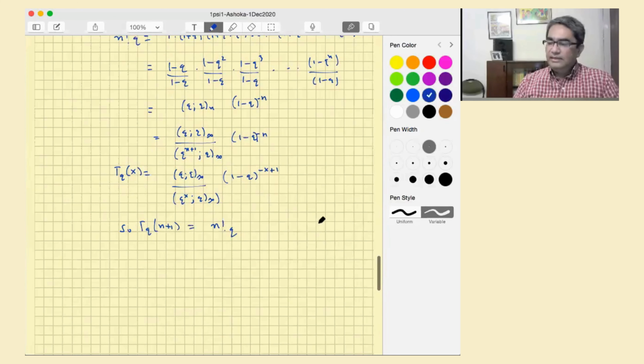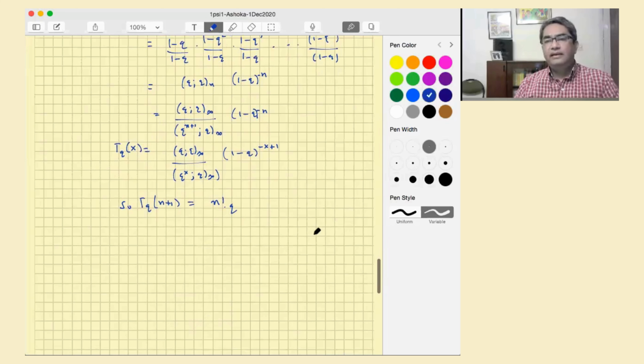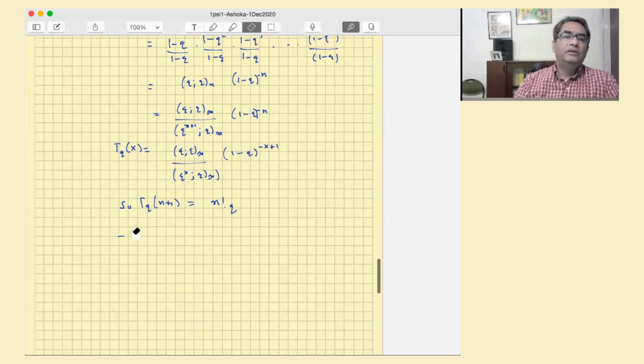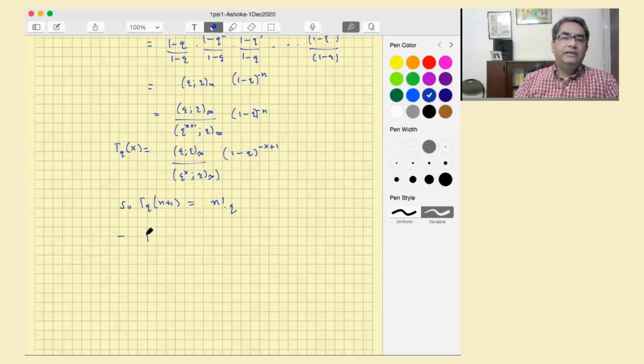So this is rather easy, and in fact this definition is there in Ramanujan's entries. And one can see immediately one of the very important properties which almost define the gamma function. So one can see gamma q of x plus 1 just by plugging it in here.